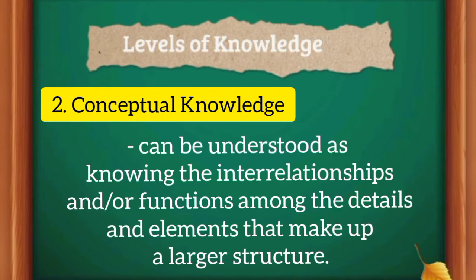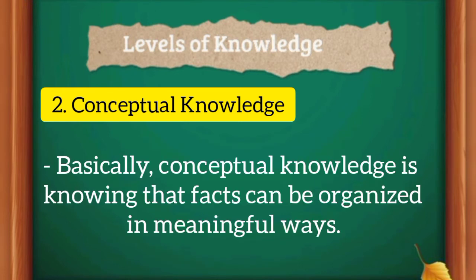So, conceptual knowledge is related to factual knowledge. It can be understood as knowing the interrelationships and or functions among the details and elements that make up a larger structure. So basically, conceptual knowledge is knowing that facts can be organized in meaningful ways.